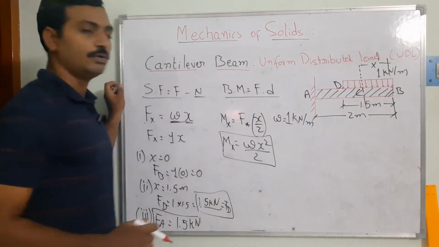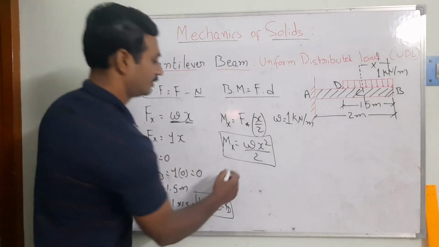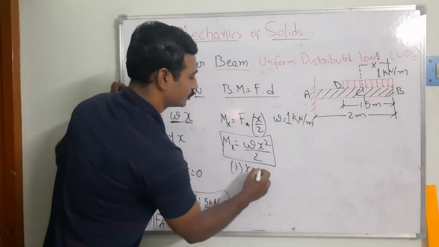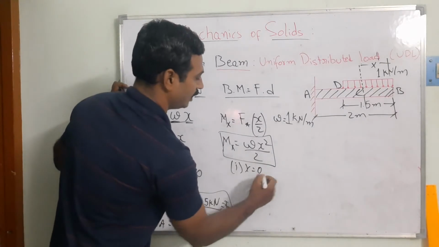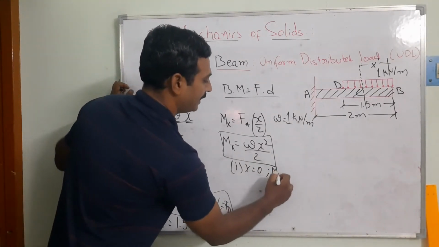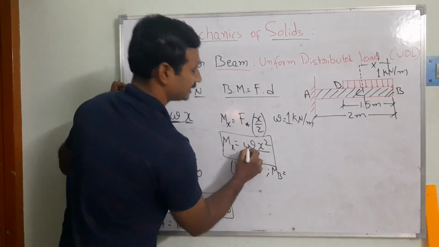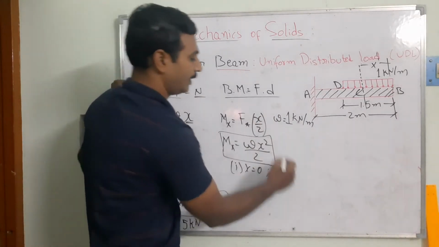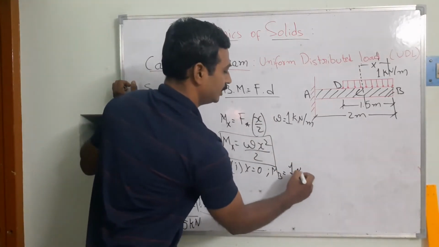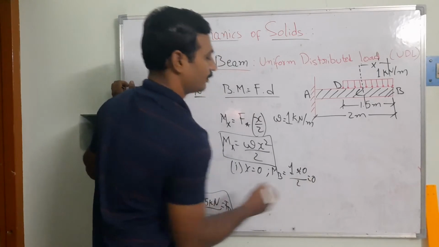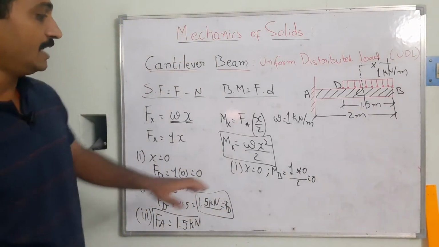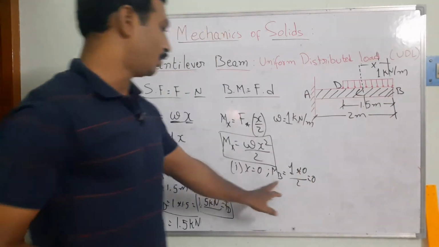Now I am going to substitute the values. At x is equal to 0, MB is equal to w, the distributed load of 1 kilonewton per meter, into 0 squared by 2, so we get 0. That is, the bending moment at B is equal to 0.